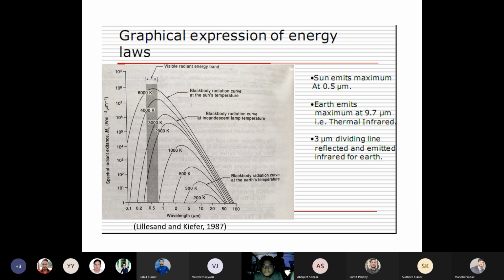From the sun, the maximum radiated energy lies within the visible spectrum, and the Earth's atmosphere also behaves as a kind of transparent medium. We'll see it later on.